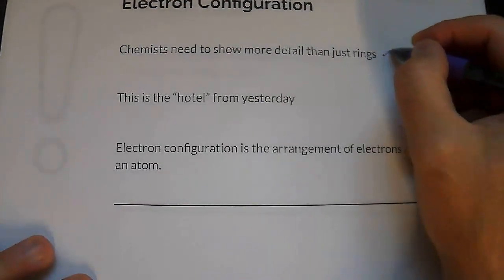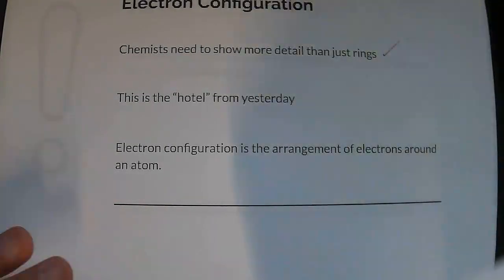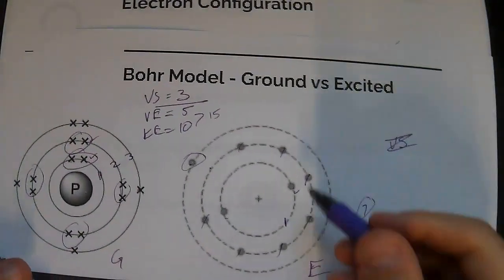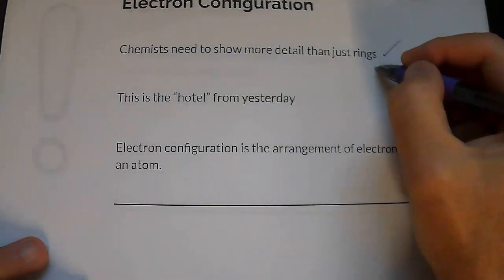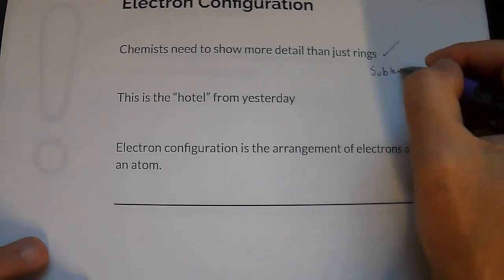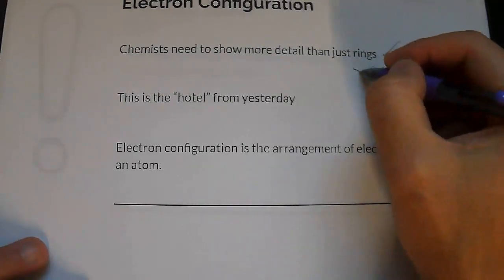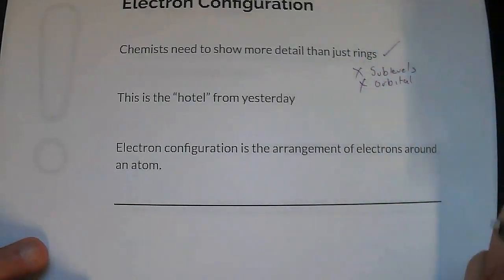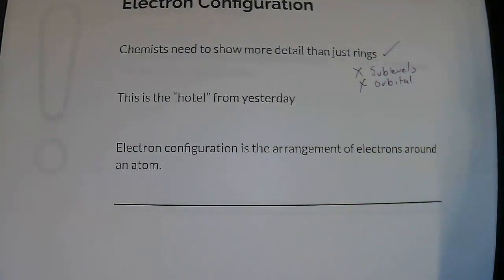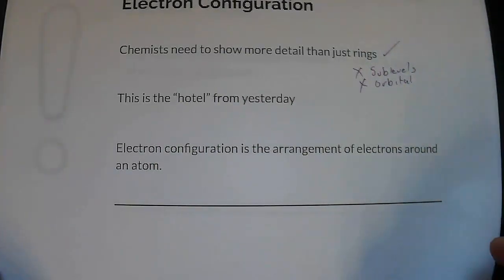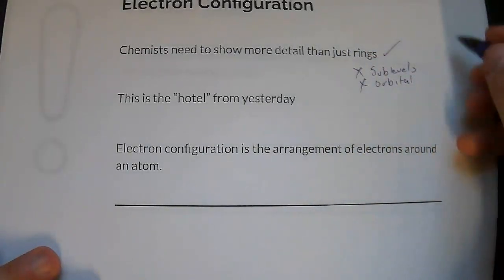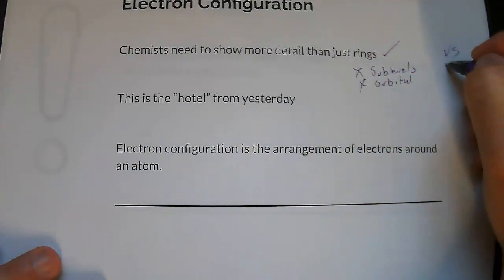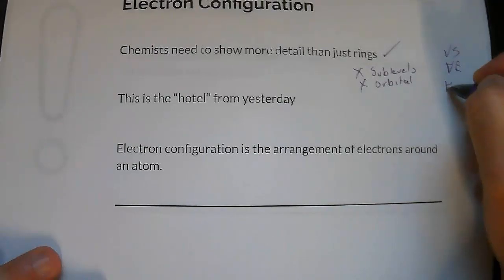So the rings give us some good visual information, but not all of it. It doesn't give us sublevels, and it doesn't give us orbitals. But we can definitely use some good information from that to determine excited or ground state, and to determine valence shell, valence electrons, and kernel electrons.